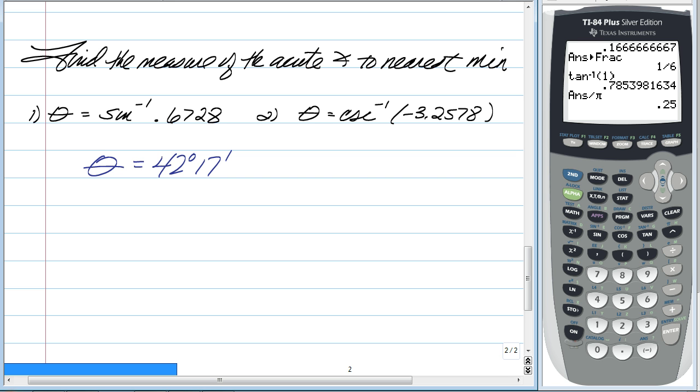Okay, so technically, this next answer is going to be in the 300s, but because we want the acute angle, you'd have to go backwards, and you would find, first of all, this would be sine inverse of 1 divided by -3.2578. Okay, remember, this is not 1 over sine. This is the other way around because we are working backwards. And then change that to DMS, and you're going to get -17 degrees and 53 minutes.